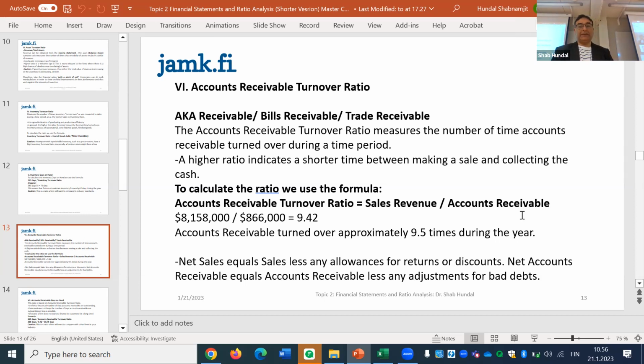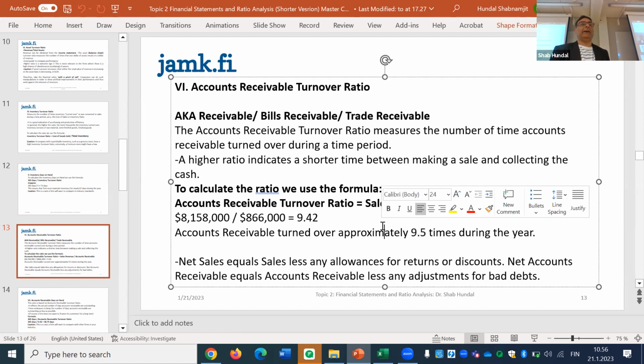So here you will see sales revenue, the total revenue, same thing, divided by the accounts receivable. It comes to 9.42, approximately 9.5. So we can say that when you make credit sales, then in a year the customer pays you 9.5 times, basically.